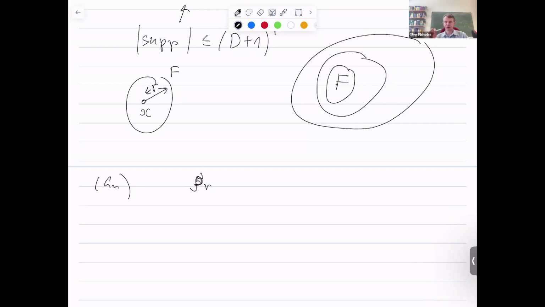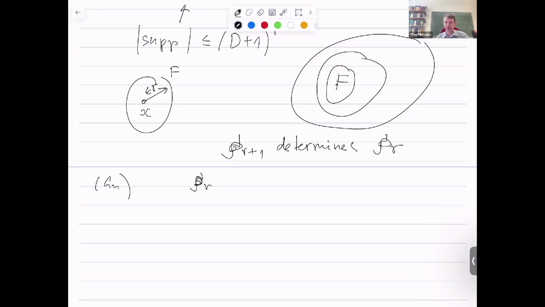If I know what I see when I look at distance r plus 1, then I can just sample a ball of radius r plus 1, and remove all vertices at distance more than r. So I know the distribution on r balls. So sigma r plus 1, or rho r plus 1, determines rho r.